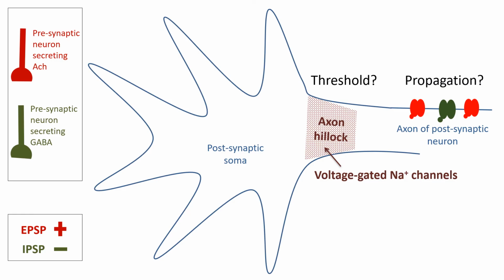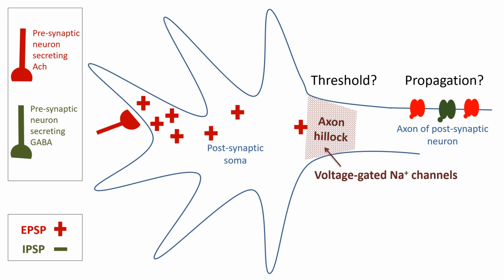So let's have a look at that on one of Nikki's infamous diagrams. So here we have a postsynaptic soma. There's the axon hillock. There's our axon with its voltage-gated channels. Oh, and here we have an EPSP. We have an EPSP that is creating an area of depolarization.